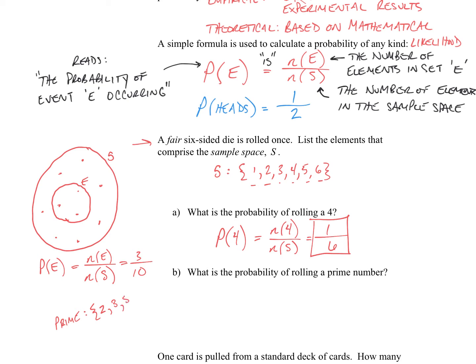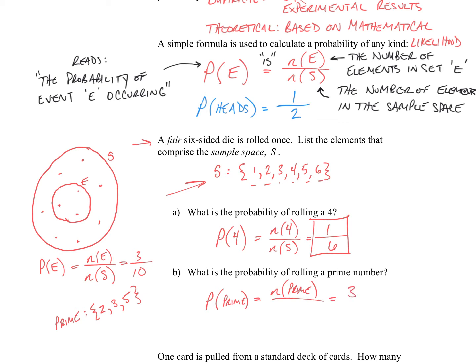But 5 is prime. 6 is not. 6 is composite. You could go with 3 and 2. These are all of the prime numbers within the sample space. So when we investigate the probability of rolling a prime number, we would say how many prime numbers exist in the sample space?